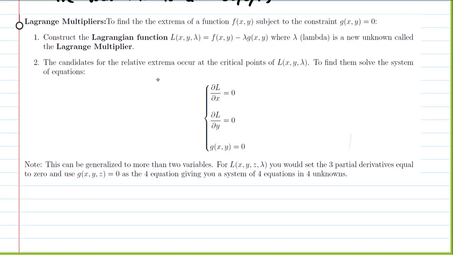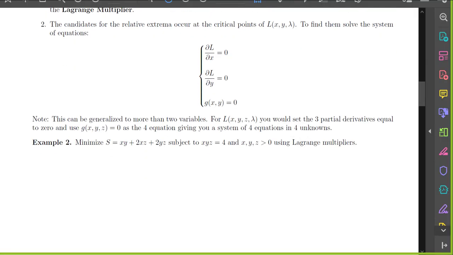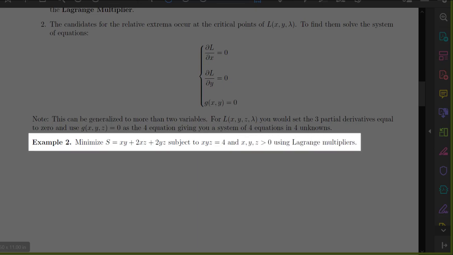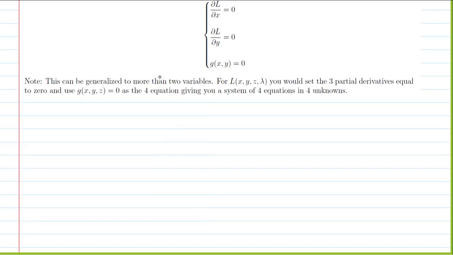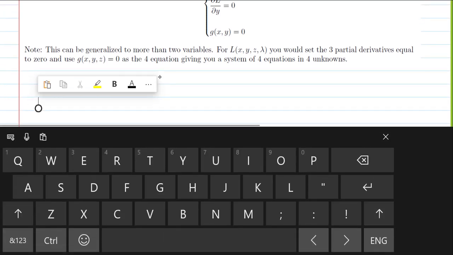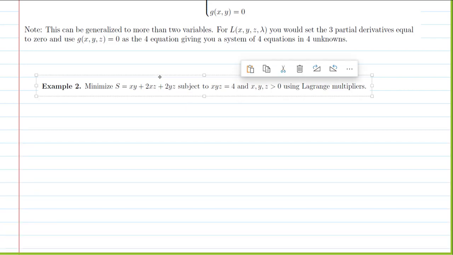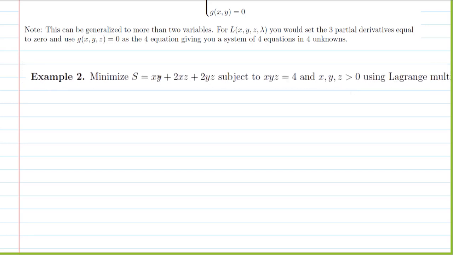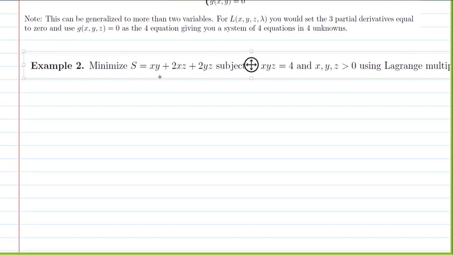So we can do this for pretty much everything. We're going to do this same problem again, but this time we are going to use Lagrange multipliers. So the first step for using our Lagrange multipliers says that we are going to construct our Lagrangian.